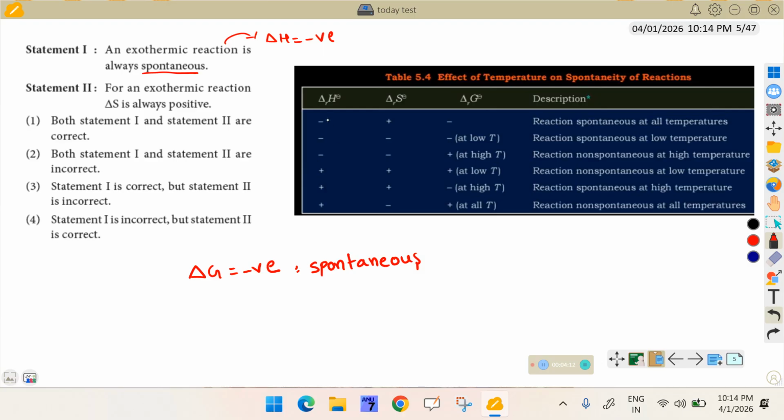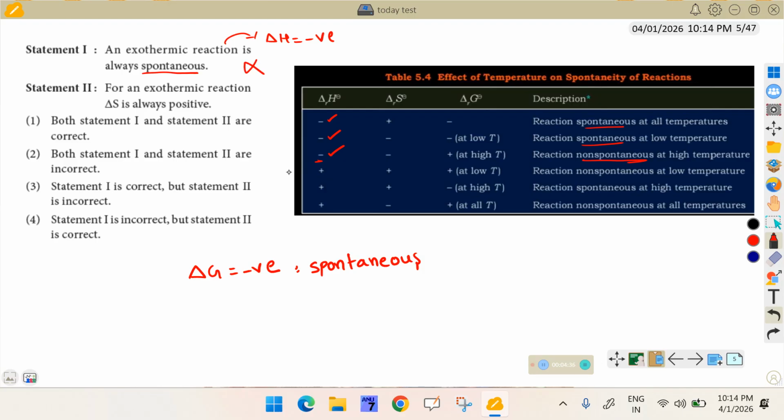See this table. Exothermic, exothermic, exothermic. Delta H value negative, reaction spontaneous. Delta H value negative, reaction spontaneous. But here delta H value negative, reaction is non-spontaneous. So spontaneity does not depend on delta H value.